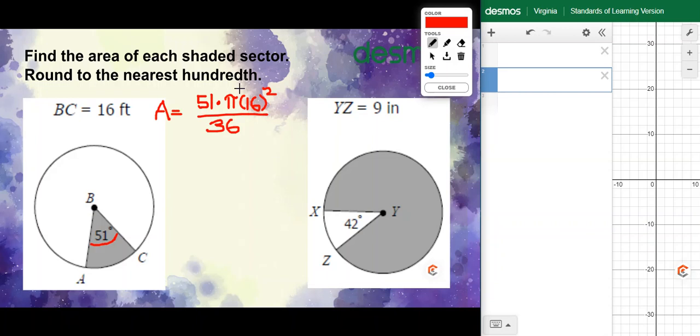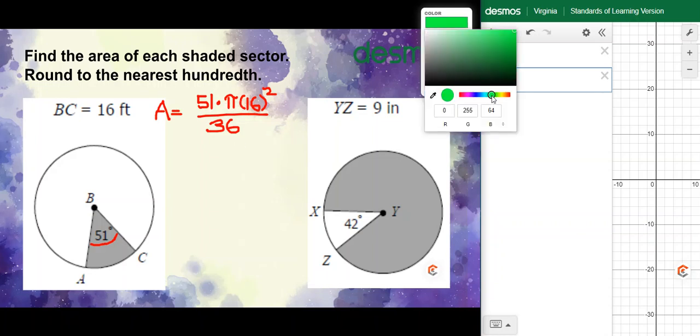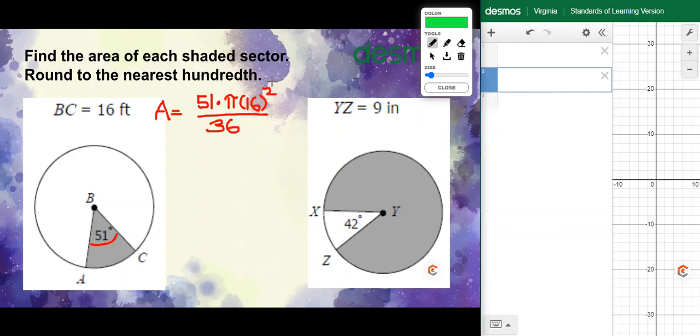Now there's one important thing to note here. The temptation is to just multiply 15 times pi times 16 and then square it. But remember, order of operations tells us you have to do the exponent before you multiply. So make sure you do 16 squared and then multiply through.